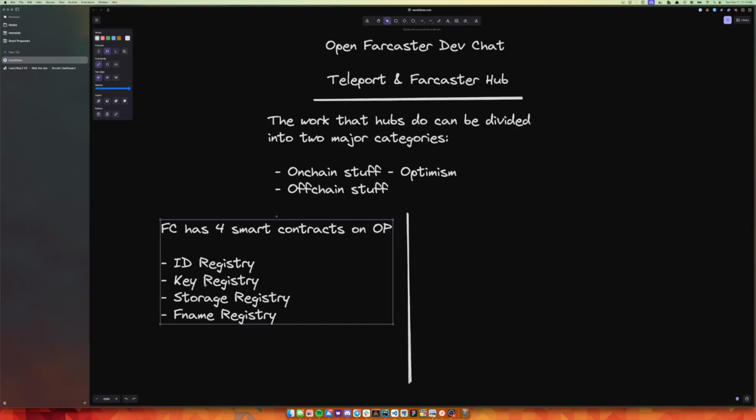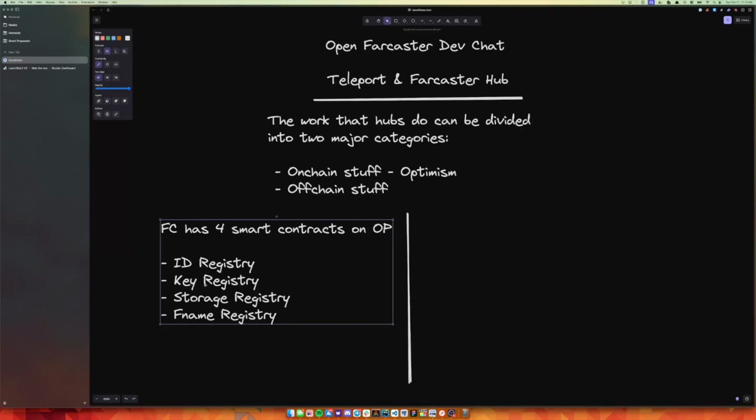The key registry contains a mapping of FIDs to public keys. So effectively, when you create new session keys, which is, by the way, how all Farcaster clients work. Warpcast has a session key for you, which is the EdDSA key they talk about, and alternative clients like Supercast or Flink have a session key that they create.